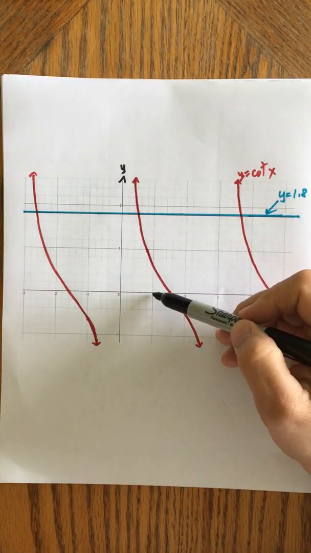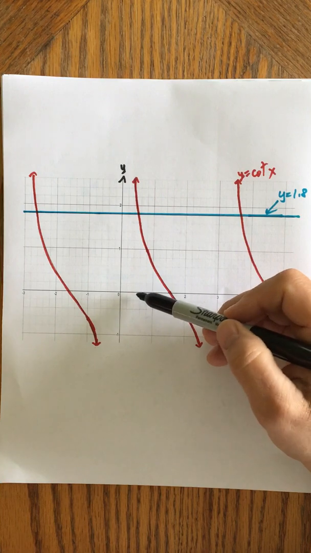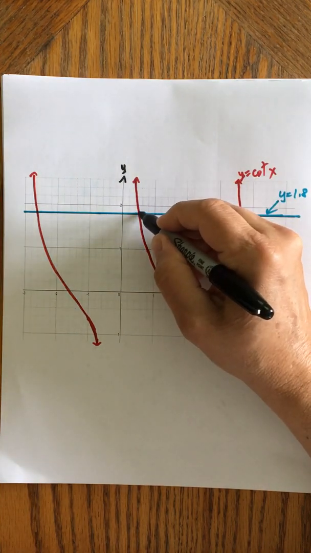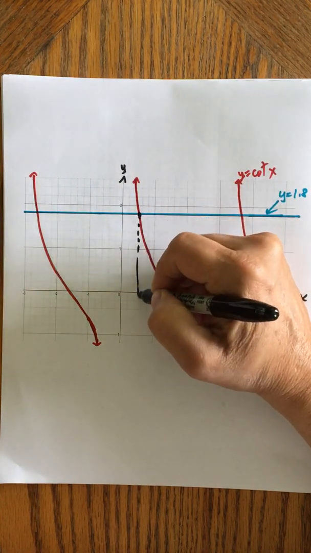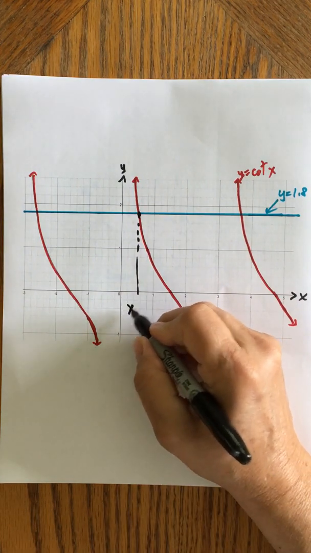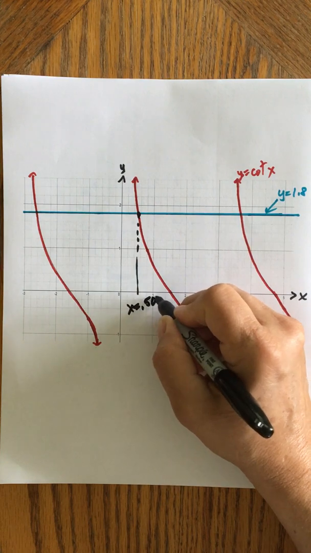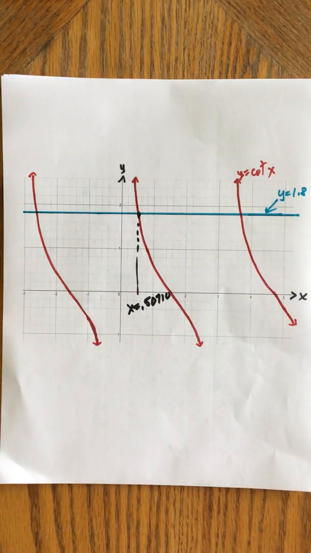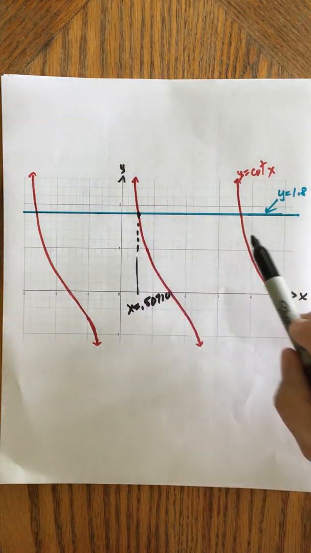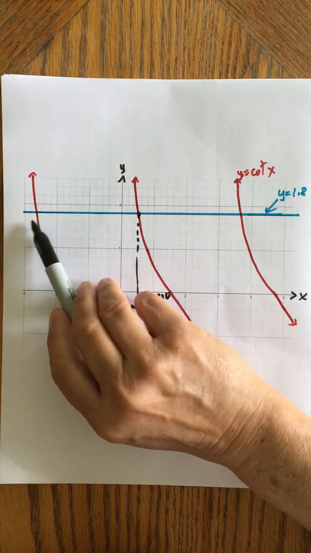And as you can see here, here's 1 radian, so this is just a little bit over half a radian, so it's here. If I come down here, this is x equal to 0.50710. And then after that, you just keep adding pi or subtracting pi to get all of these.